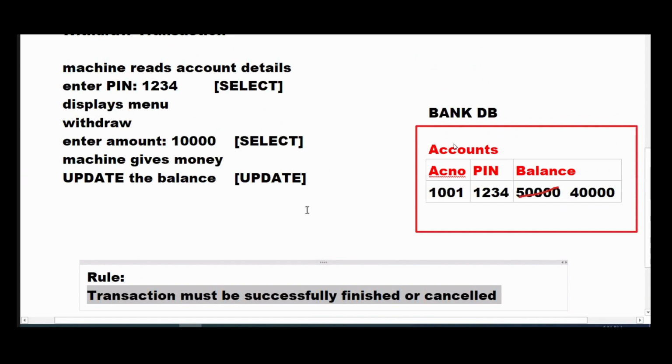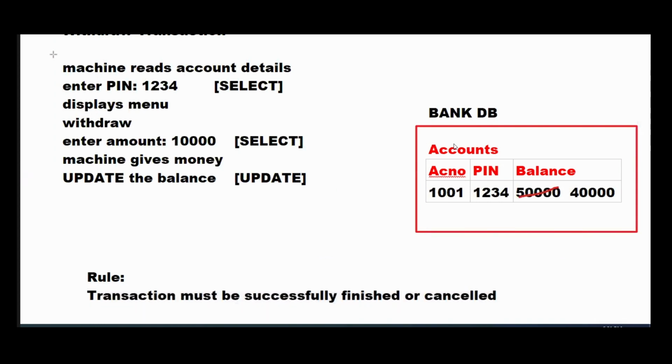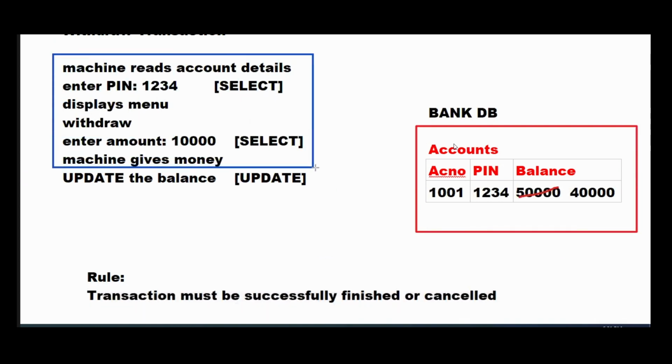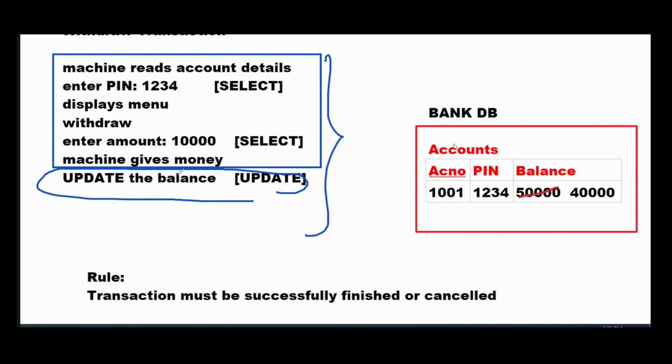For example, understand here. You are performing a withdraw operation. These actions are performed. This last action is not performed in the transaction. This entire one is actually one transaction. Suppose assume that this last action is not performed.